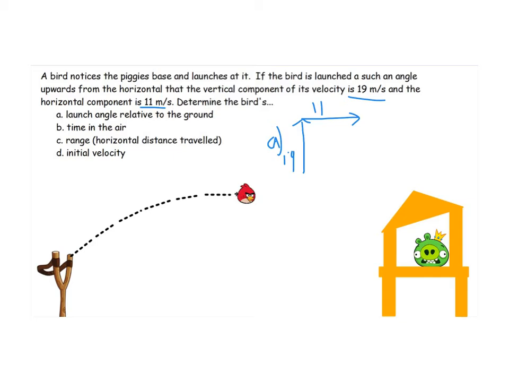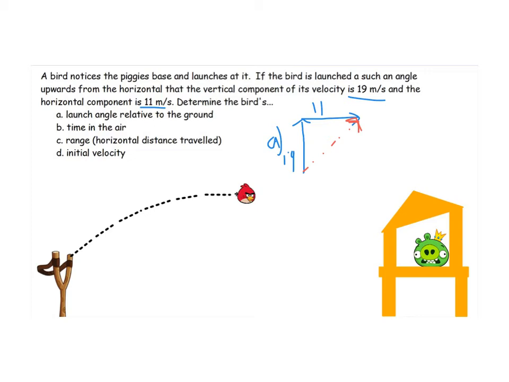Now we know that when we add vectors together, we add them tip to tail. This is where the bird is actually going, in that direction. It's a combination of both the horizontal and the vertical component.